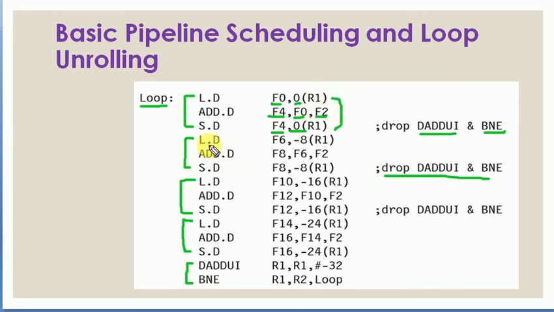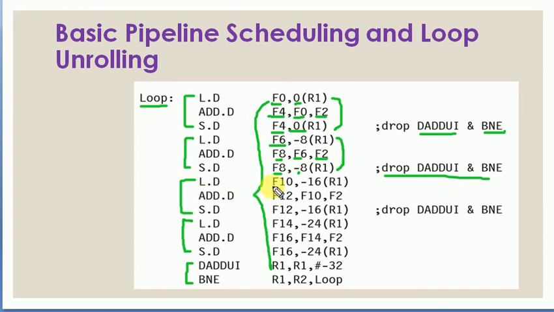But the second time when we load, we need to load the next element, that means minus 8 of R1, that means from 1000 to 999. That is stored in a different register, F6, so we need to use a different set of registers here. Then that is added to the scalar again. The result is stored in F8, and F8 is stored in the same memory location.